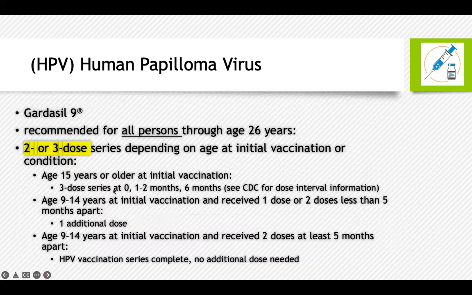And then depending on when you start getting it, it depends on how many doses you'll get within a 5-month period. Okay, just remember, look at your ages and see where they fall in terms of their dosage amount and when they're going to need their next one.